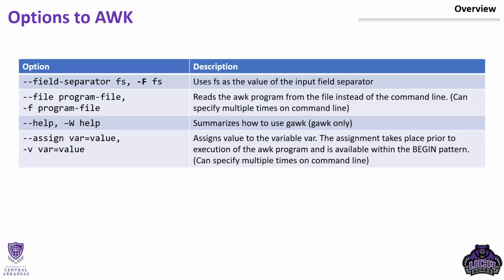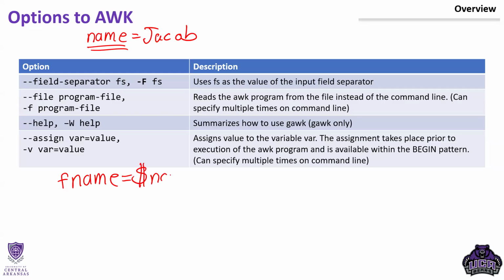What's important to understand is that in awk, you can see this var name right here, there is no $ sign for variables within awk. You just have the name. So if we had a bash variable, say we created name equals Jacob here, and we want to send this variable to awk, we could say fname for first name, and set that equal to $name right here.